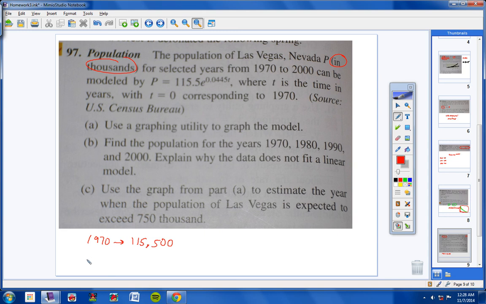Okay. For 1980, we would put 10 into the function. If you did that correctly, you would get, hold on one second, 180,236,000, rounded, of course.